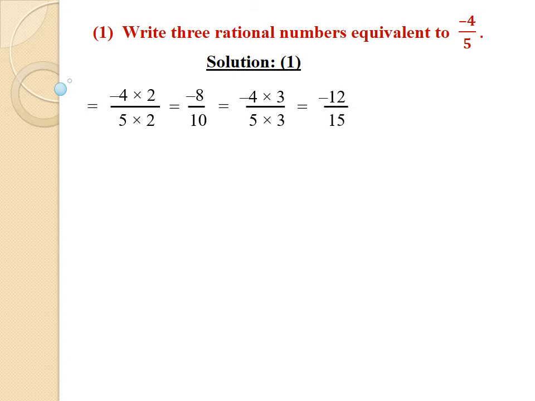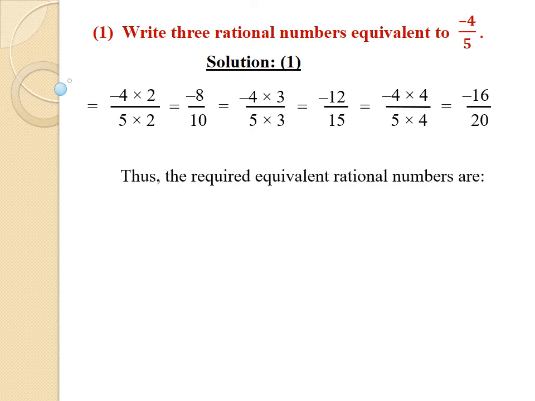Now, multiplying -4 by 4 and denominator 5 by 4, we get -16 upon 20. Thus, required equivalent rational numbers are -8 upon 10, -12 upon 15 and -16 upon 20.